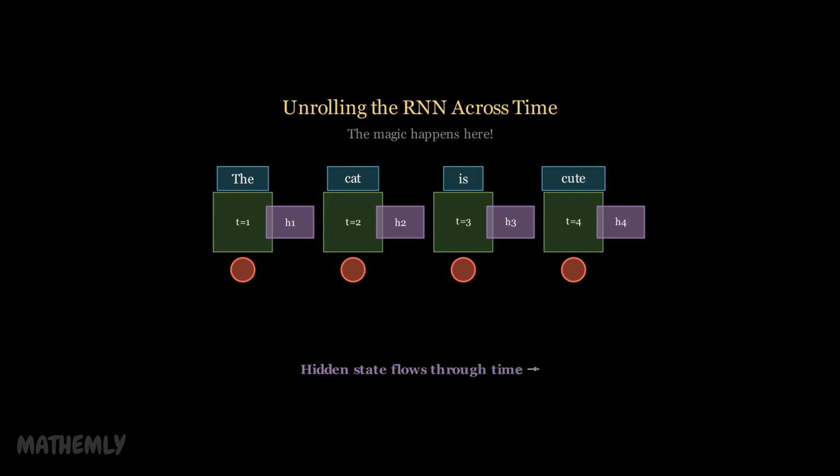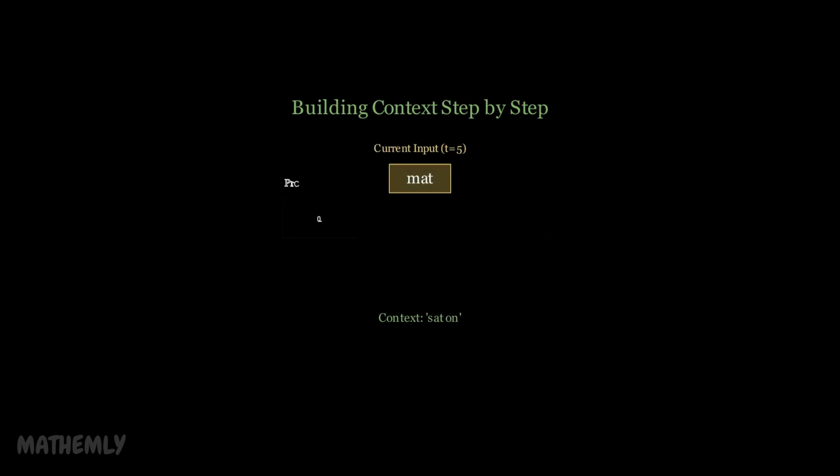By constantly updating this memory at every single step, the network slowly builds an understanding of the whole sequence. Finally, it has enough historical context to make a smart, informed prediction.